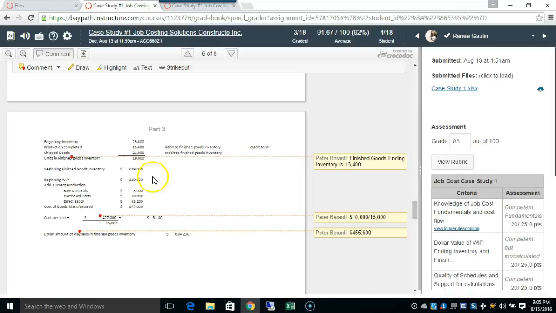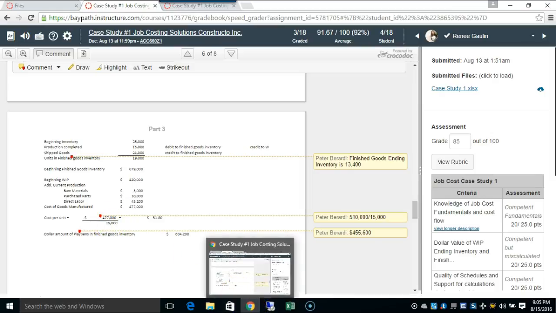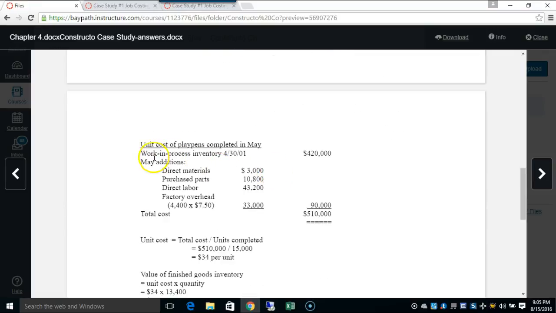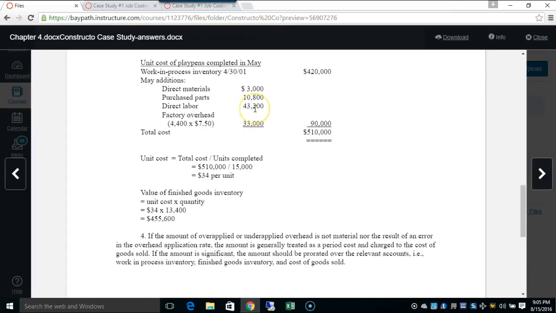So your cost is not $31.80. Your cost would have been $510,000 divided by the 15,000 units completed. And that's done right here. You take your work in process inventory of 420,000. You add in your costs that were added to WIP.